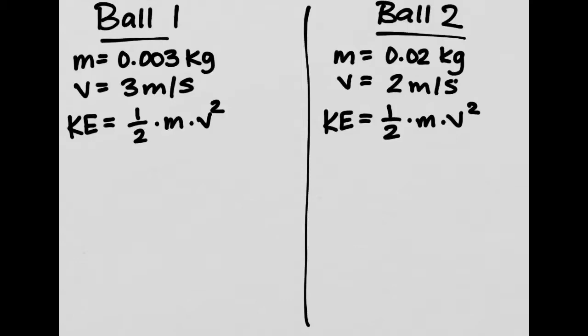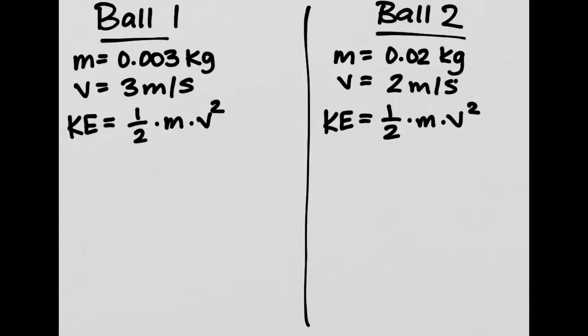So even though ball 2 has greater mass than ball 1, I might wind up with around the same kinetic energy. Or potentially, I might wind up having a higher kinetic energy for ball 2 based on the mass and the velocity because it's so much larger than ball 1. Let's figure out what happens.